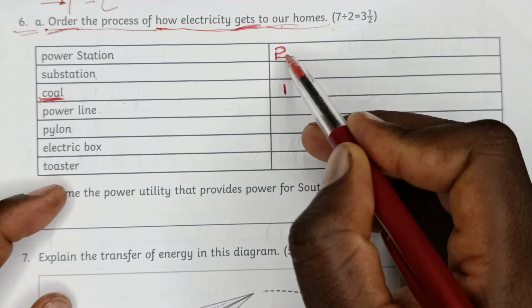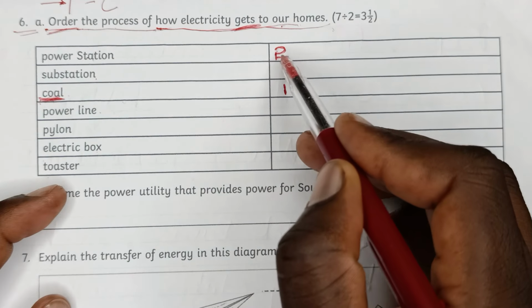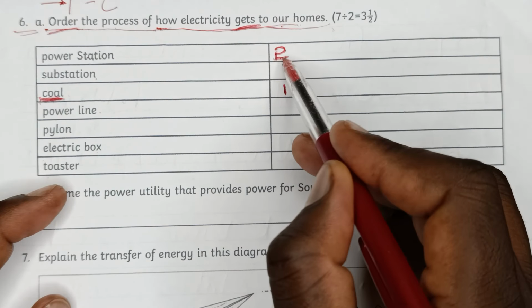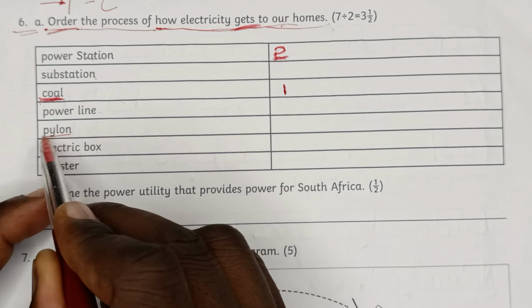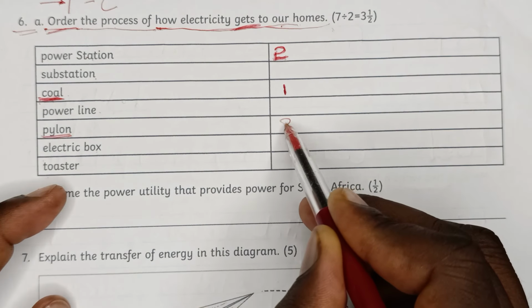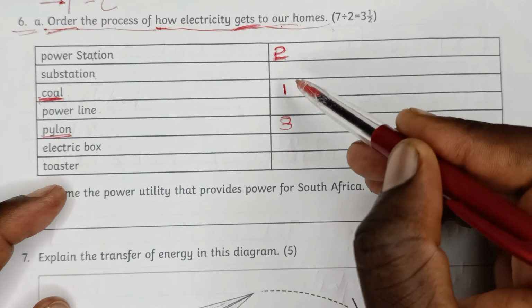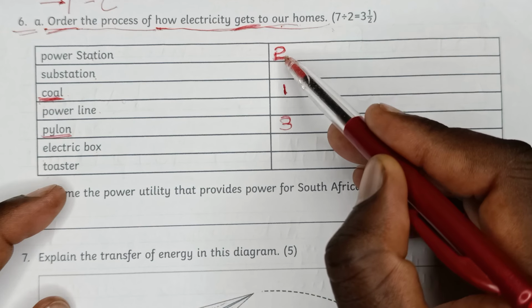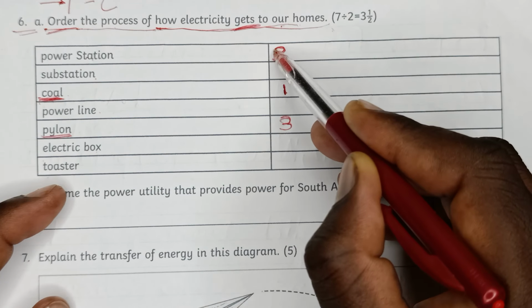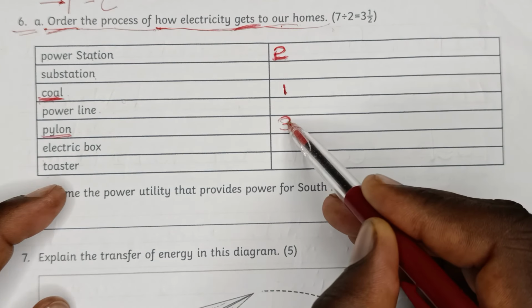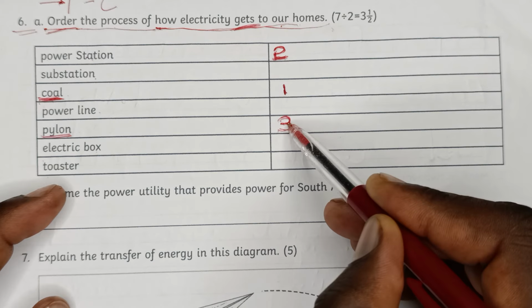So when electricity is generated from power stations, what takes electricity from the power station? It is pylon. So pylon will be number 3. So coal is taken to the power station and they burn it there, and then electricity is transmitted through pylons.